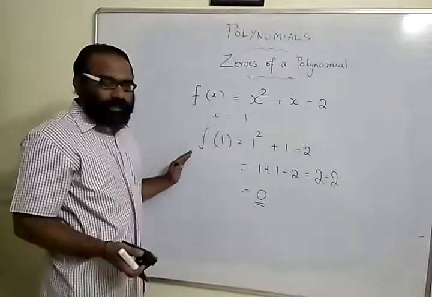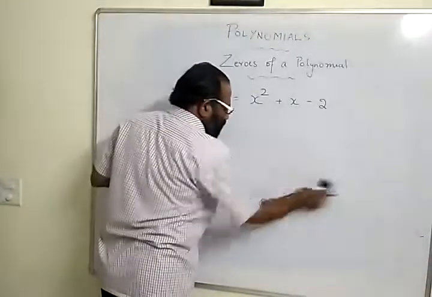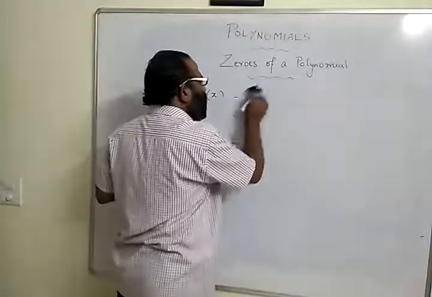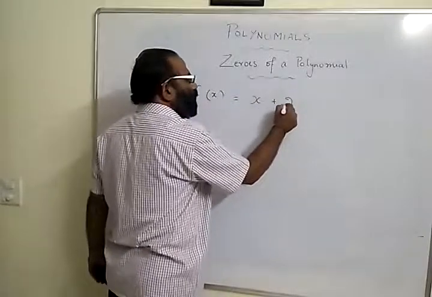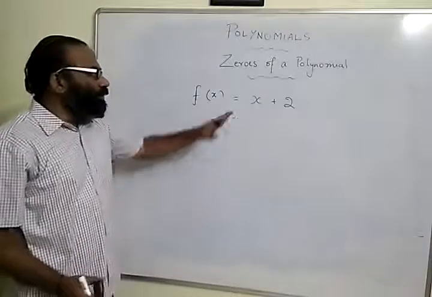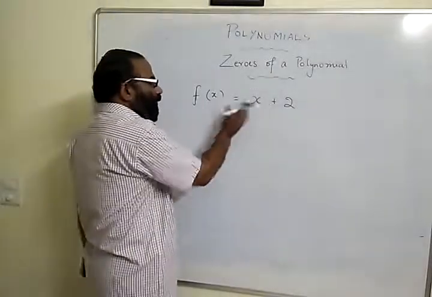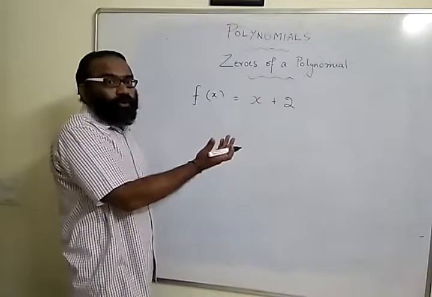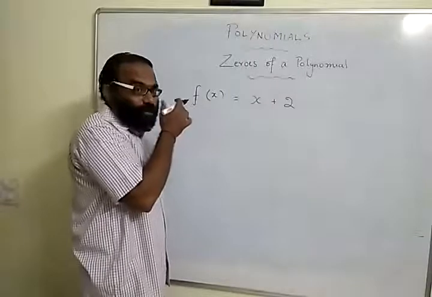So if you have to find the 0 of the polynomial, let's take a simpler linear one. Let's say f of x is equal to x plus 2. We have to find out the 0 of this polynomial. So f of x becomes 0 for that particular value of x.